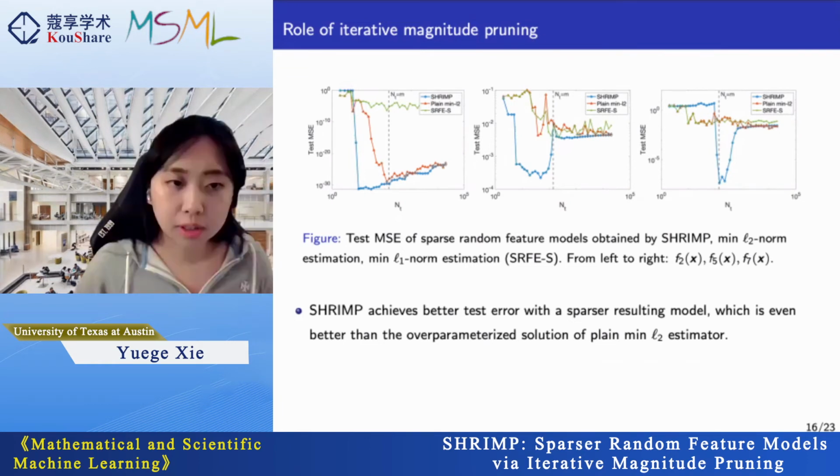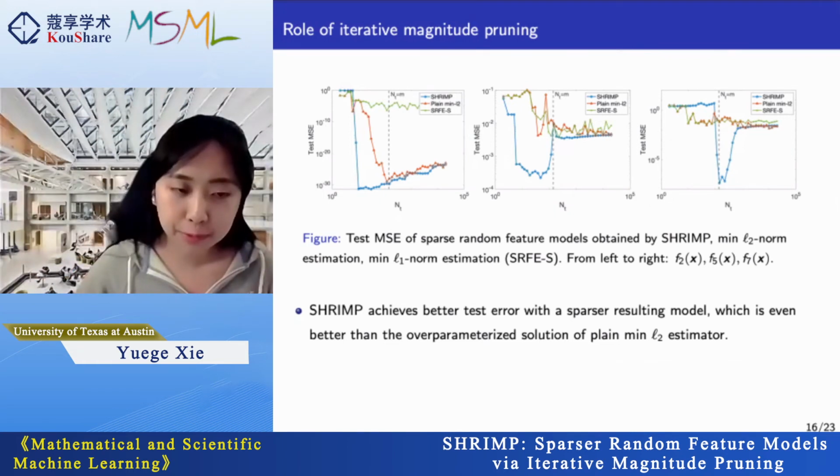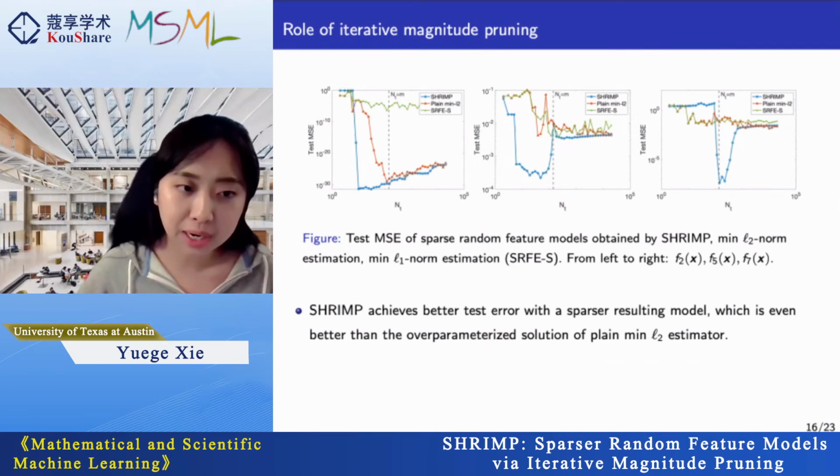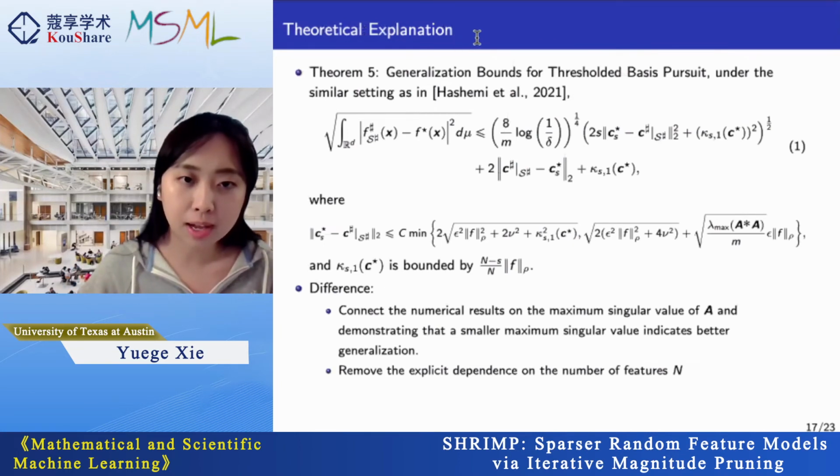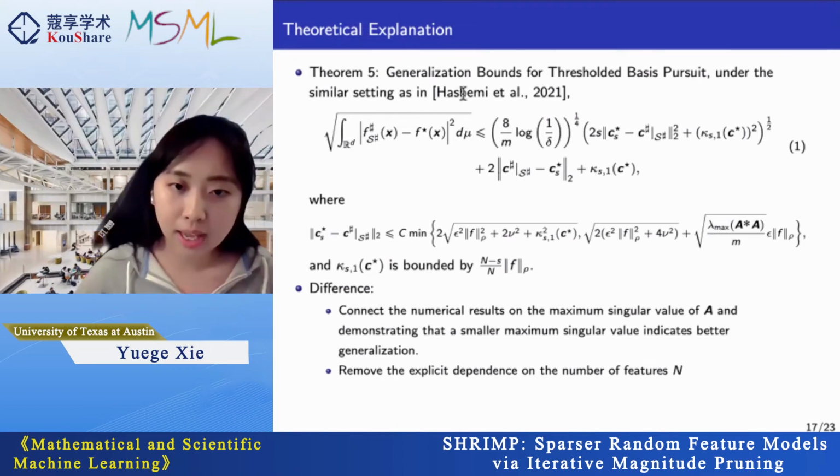And to explain the success of SHRIMP and also shed light on the understanding of the iterative magnitude pruning in neural networks, we also provide some theoretical explanation. So all those theoretical results are refined analysis of Hashemi et al., as I mentioned before.